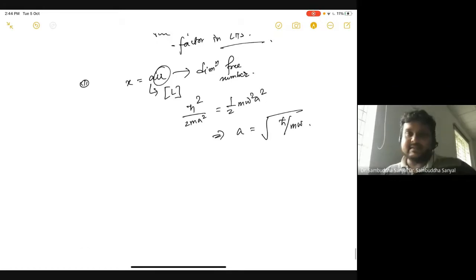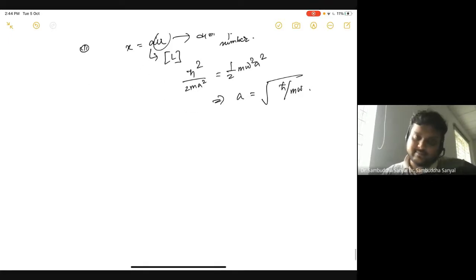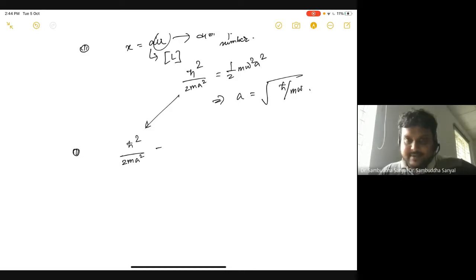So that tells me what a must be in order to make it dimension free and bring out the energy factor like that. So then it tells me this first term must be h-cut omega by 2, by plugging in this a here.